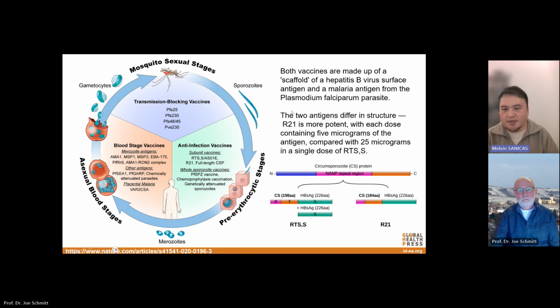And the two antigens differ in structure because R21, the second one, is more potent, with each dose containing 5 micrograms of the antigen compared with the 25 micrograms in a single dose of the RTS,S vaccine, which is the first vaccine. But both vaccines work, and hopefully these vaccines will be available to more countries in Africa, because RTS,S was initially just launched in 3 countries and R21 was launched in 4 countries in Africa.